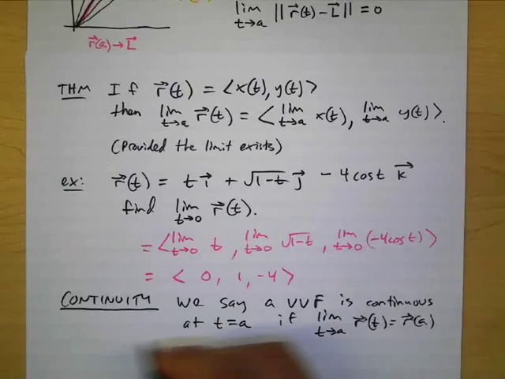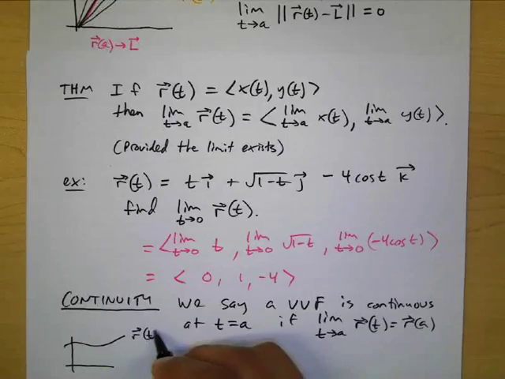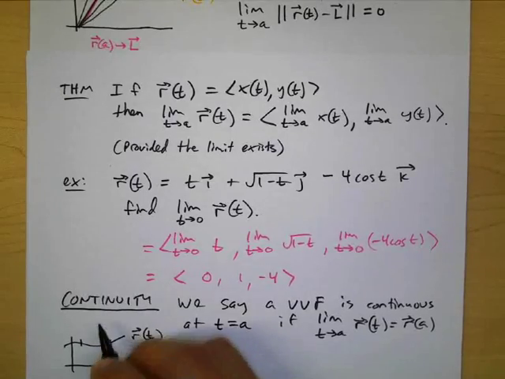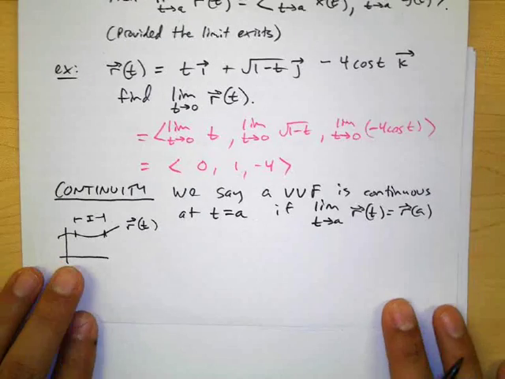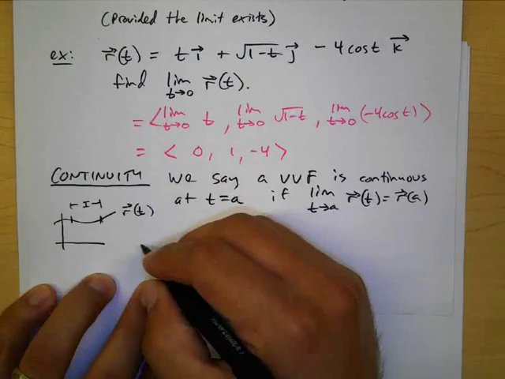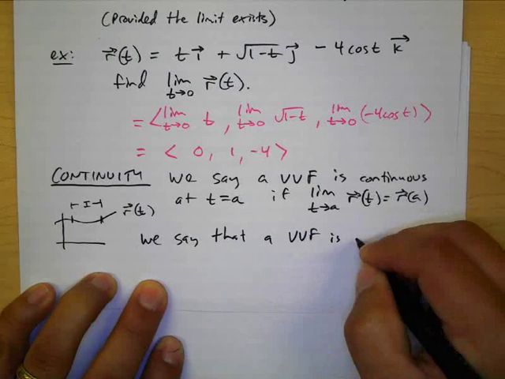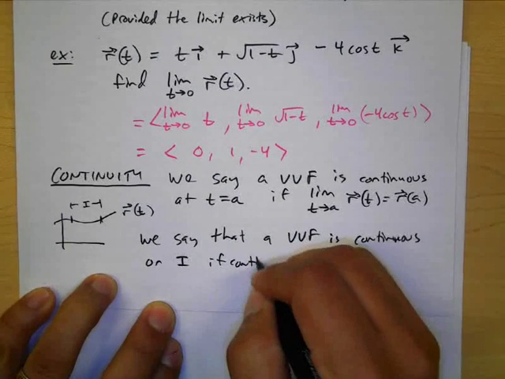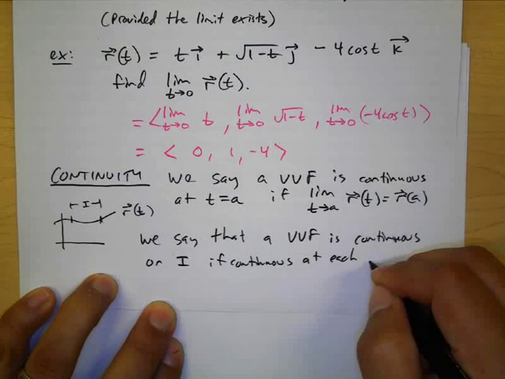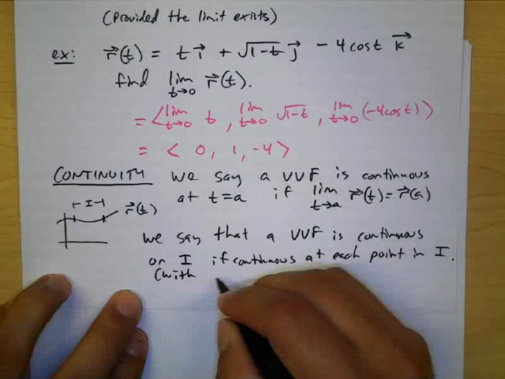Now, as far as an interval is concerned, so let's say we have r of t here, and maybe from this point to this point represents an interval I. We say that a vector-valued function is continuous on I if continuous at each point in the interval, with the exception of something.